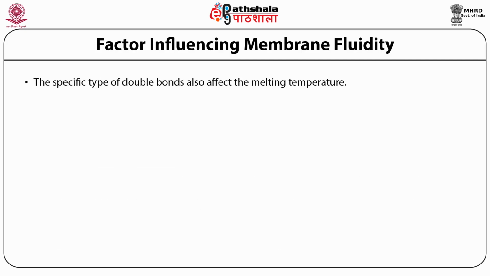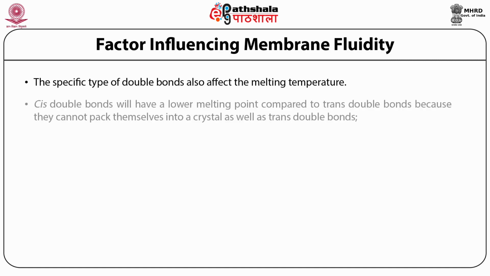The specific type of double bond also affects the melting temperature. Cis double bonds have a lower melting point or temperature compared to trans double bonds because they cannot pack themselves into the crystal, whereas trans double bonds have better packing.